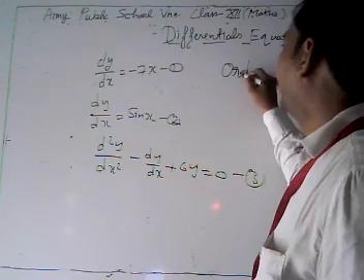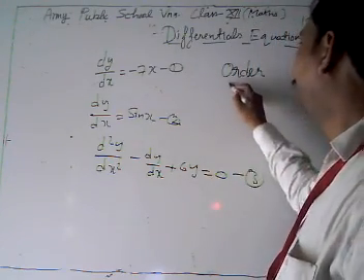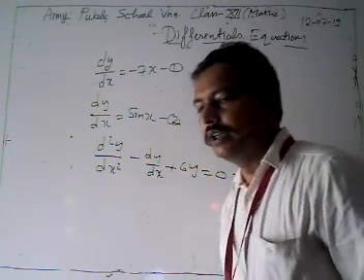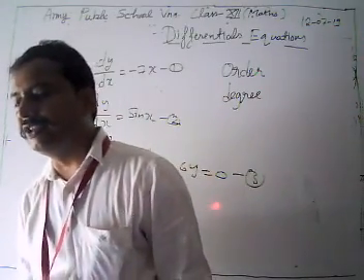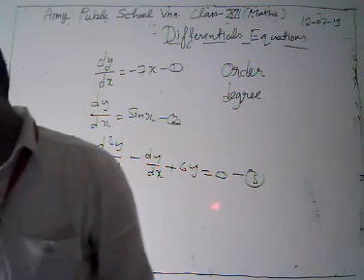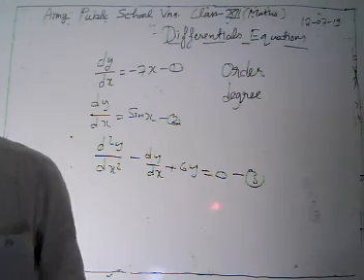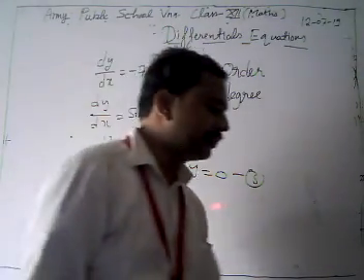A differential equation is generally known as an ordinary differential equation if there is only one independent variable in the function. Then it is called an ordinary differential equation.